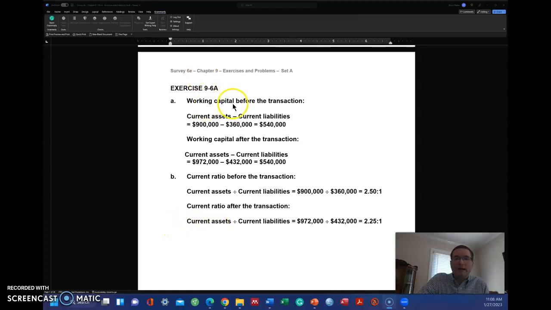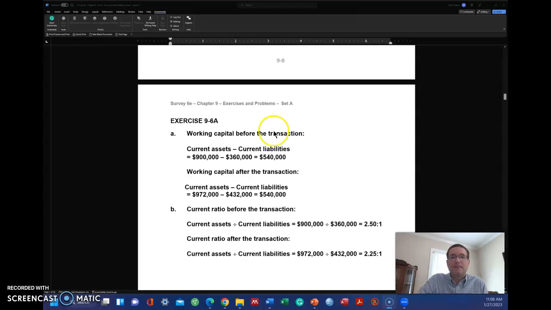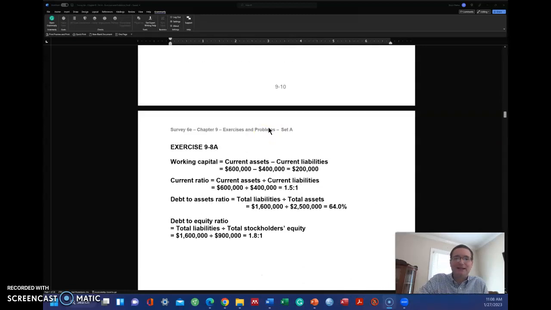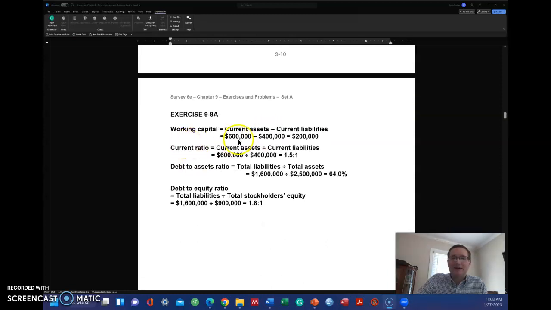All right, so working capital, all you do is take your total of your current assets, subtract your current liabilities, and you get the difference. Oh, whoops, wrong. Already showed you the answers for 9-8A. Sorry about that. Current assets minus current liabilities is 200,000. Current ratio, these two numbers again. 600 divided by 400.